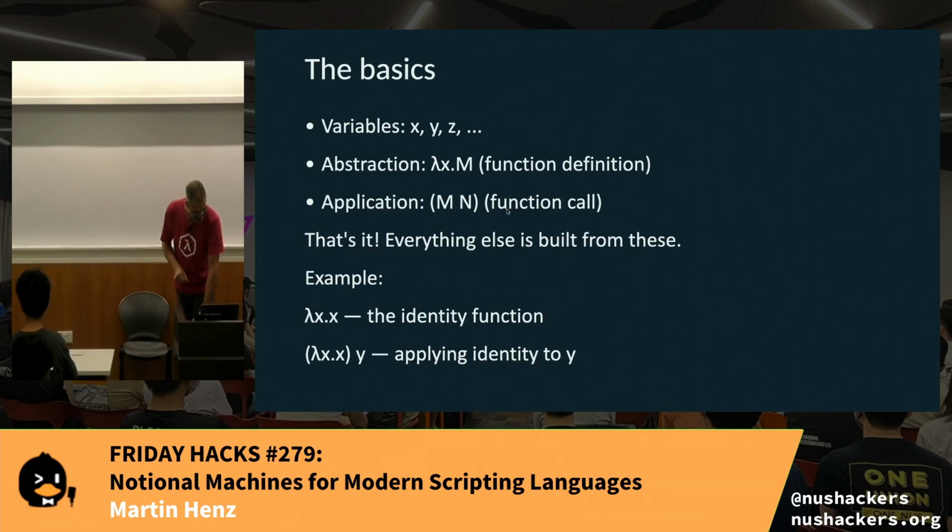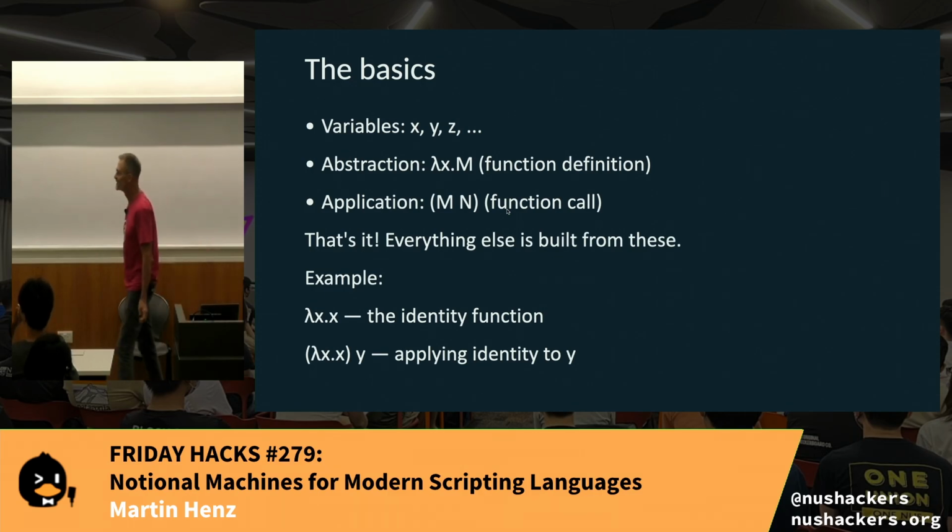The basics. Here is the lambda calculus. So you have variables. You have functions that you can define. You write functions like this. Lambda x dot m means we define a function with a parameter x, and the body of the function is m, which is an expression.